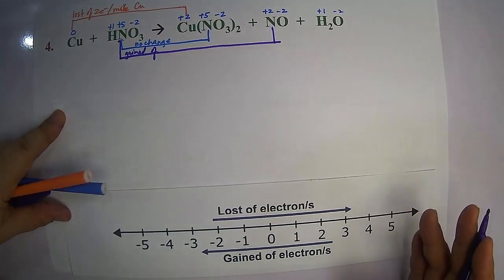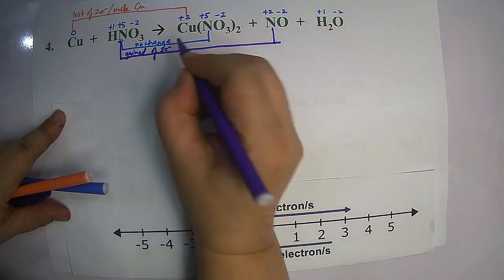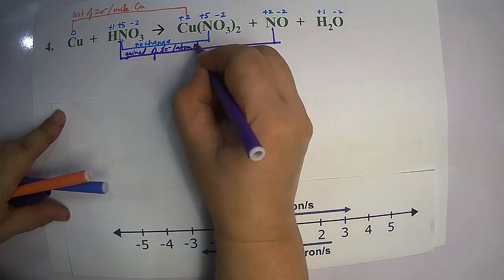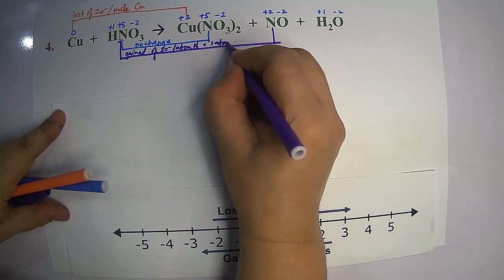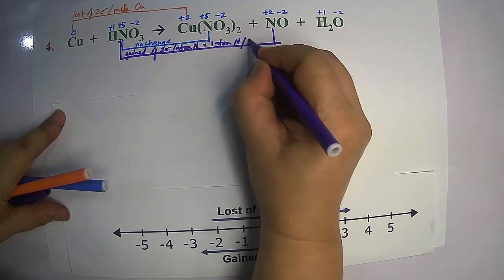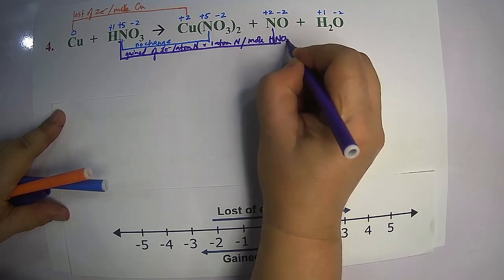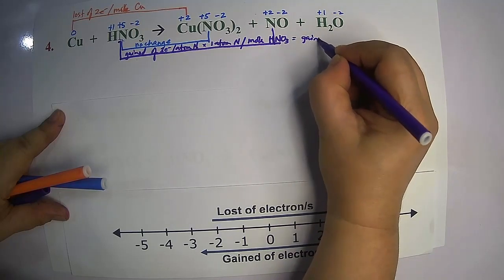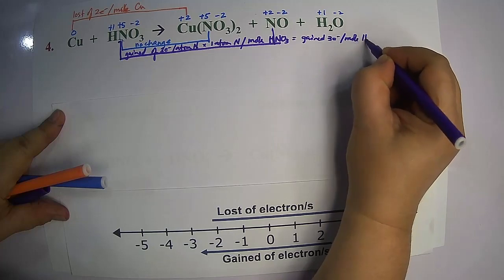You have 3 electrons per atom of nitrogen, and there is one atom of nitrogen per mole of nitric acid. So you gain 3 electrons per mole of nitric acid.